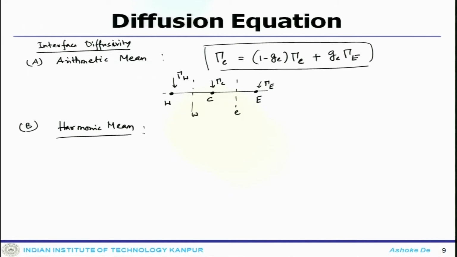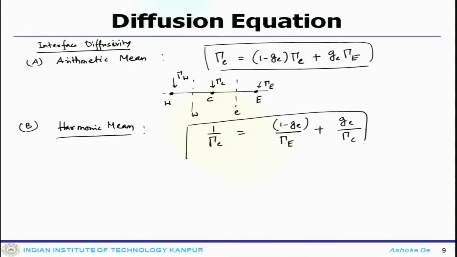That means you write 1 by gamma e equals to 1 minus g e by gamma C plus g e divided by gamma E. Now, as long as there is not very much non-homogeneity in the system, then arithmetic means would yield the proper results.